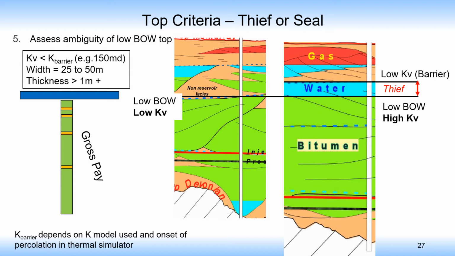So you would have one top here based on the low bulk oil weight criteria, and then a second top here on low vertical permeability. The difference between those two tops is your thief, because steam will actually go up into this zone and reduce the energy.